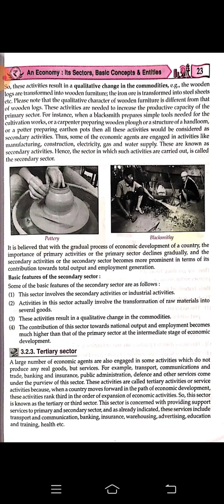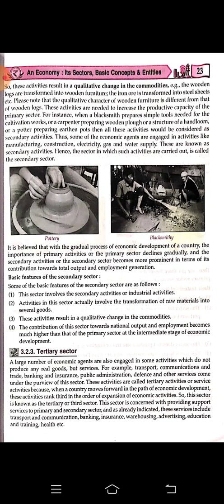A large number of economic agents are engaged in activities which do not produce any real goods but services. For example, transport, communication. So this tertiary sector is not producing any tangible good or commodity. They are just providing us with services.